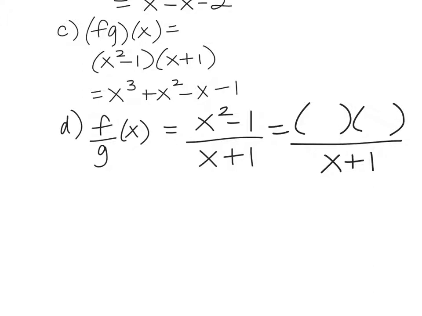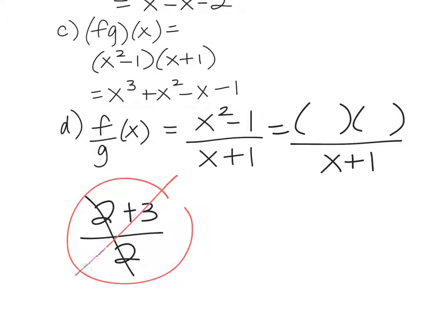You can only cancel out factors. Let me show you what I mean. If I have 2 plus 3 over 2, am I allowed to do that? No. Definitely do not do that. But if I have 2 times 3 over 2, I'm allowed to do that because they're factors. You're allowed to reduce. I just reduced that.